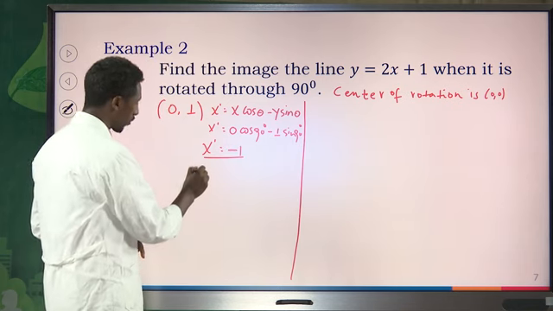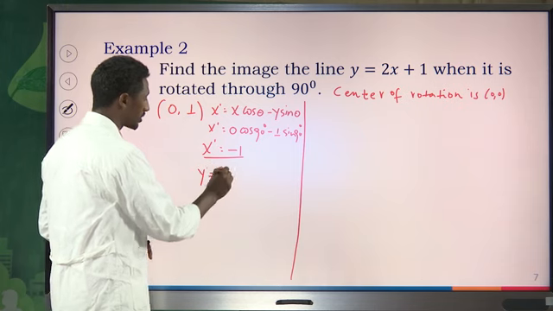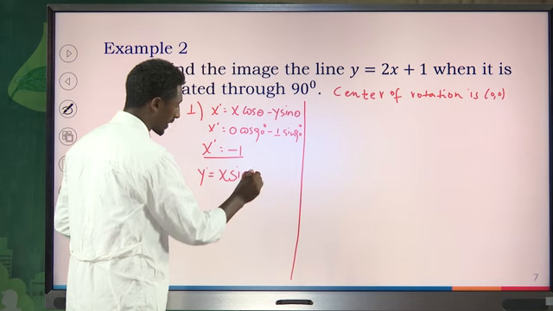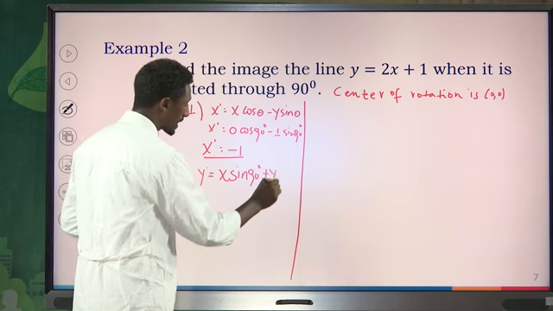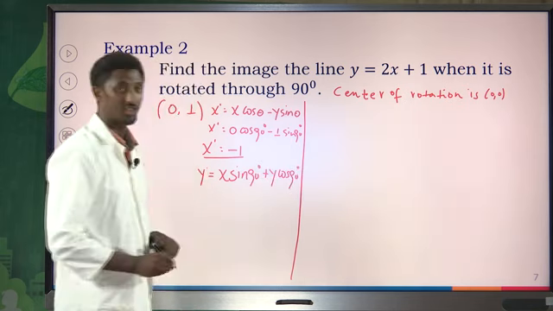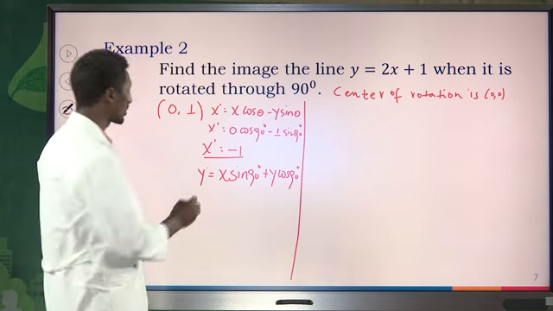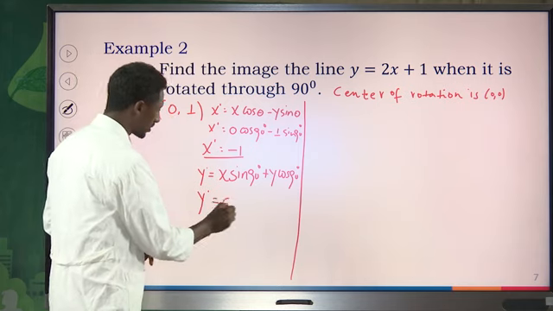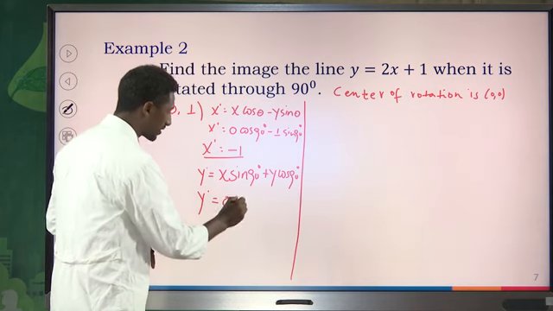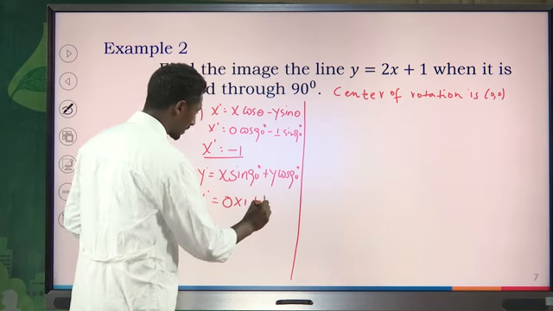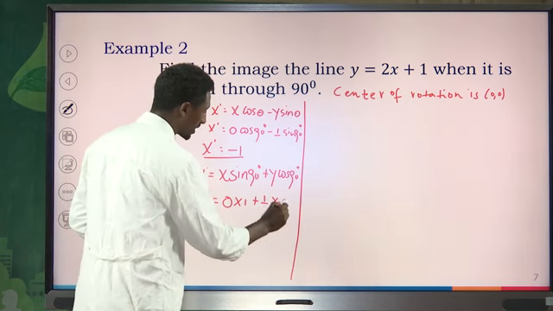Similarly, y prime equals x sine of 90 degrees plus y cos 90 degrees. This is the formula, so let's substitute. y prime equals x, which is 0, times sine of 90, which is 1, plus y, which is 1, times cos 90, which is 0.